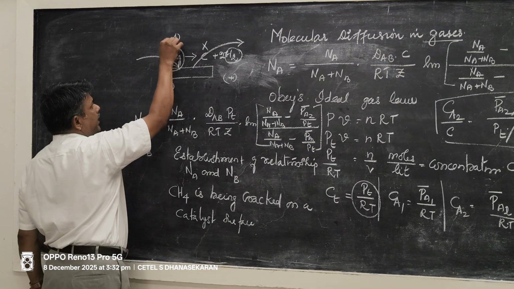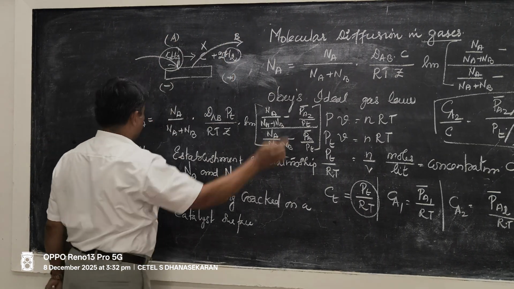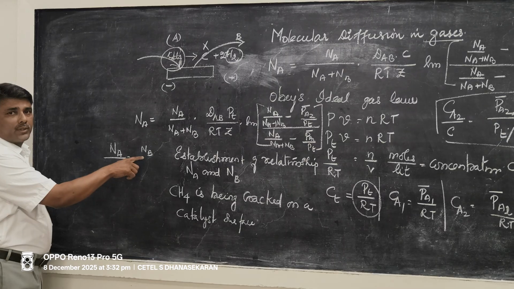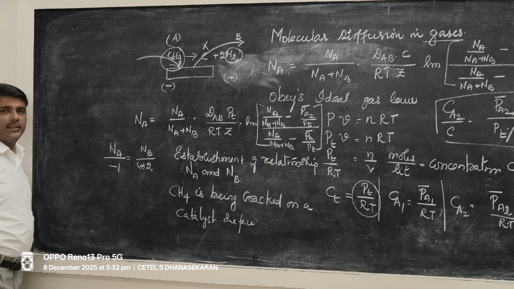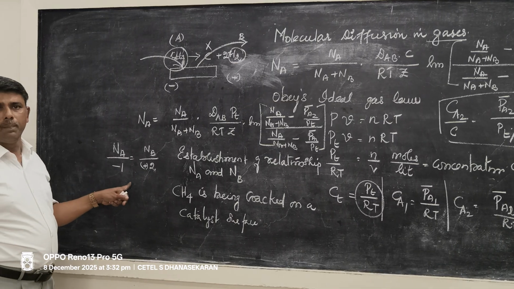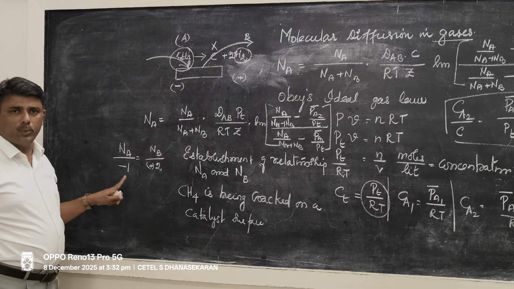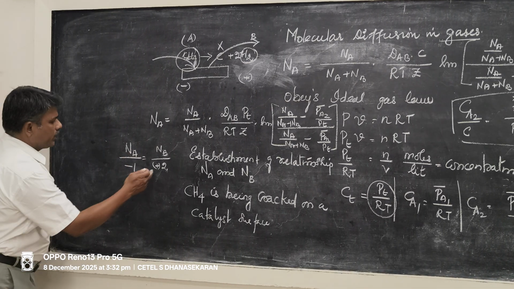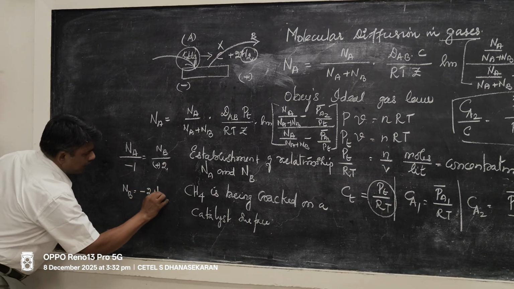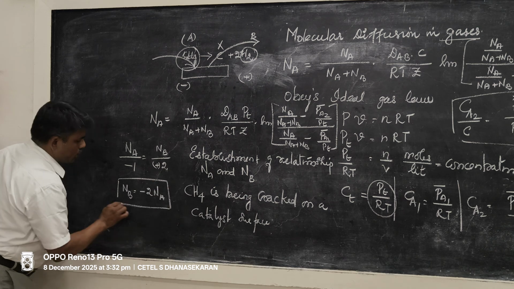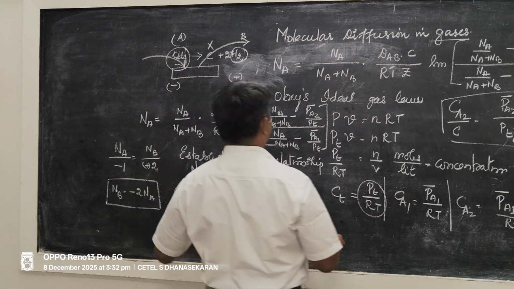Methane is the notation A, hydrogen is the notation B. NB divided by 2, the number of moles of hydrogen produced, is on the product side. This is the relationship between rate and stoichiometric coefficient in a reaction. Now the relationship between these two is NB equal to minus 2NA. Directly substitute this information in the final equation.